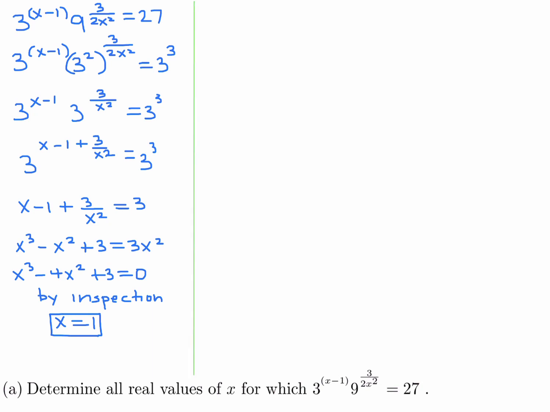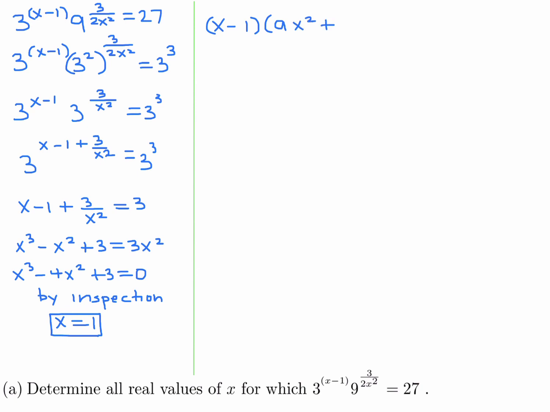And when I factor, some of you can do it without having to put in a new polynomial. But just for the sake of completeness, I'll do it in a way that can be explained fully. So it's x minus 1. That is one of the factors, since x equals 1 is a solution.